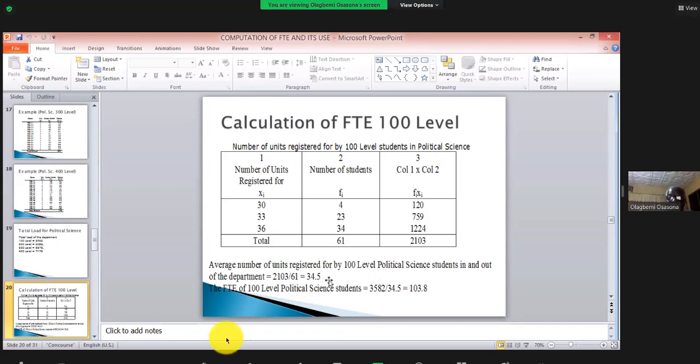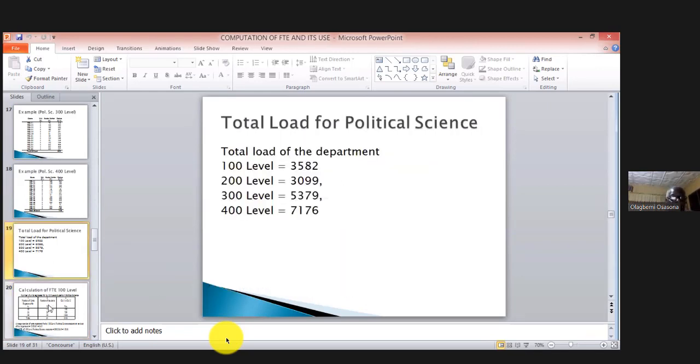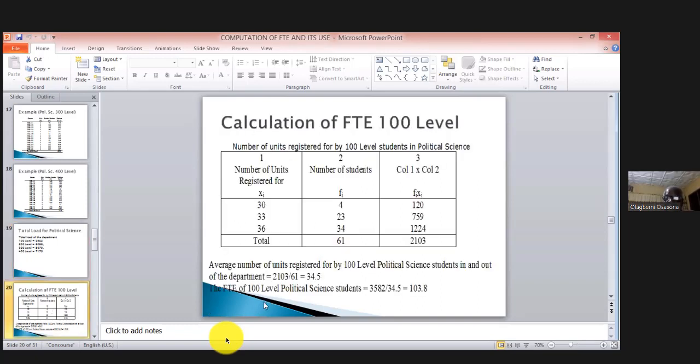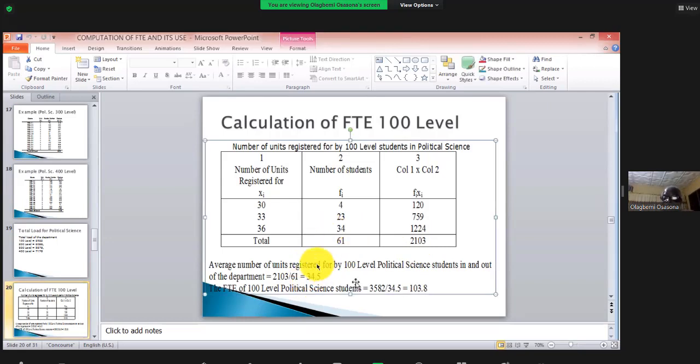Remember, we calculated the numerator to be 3582, and you see that 3582 from the last slide. Then we now divide by the average, that is 2103 divided by 61. That gives you your L. So you get 103.8. That's the FTE for 100 level of political science.